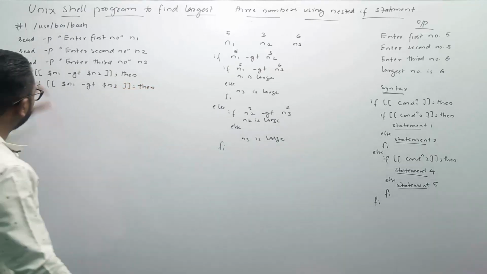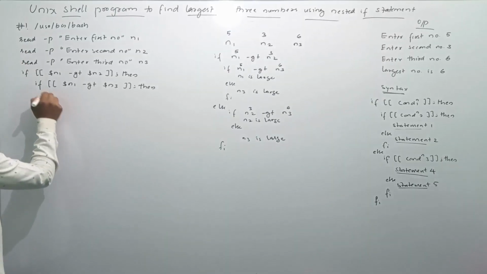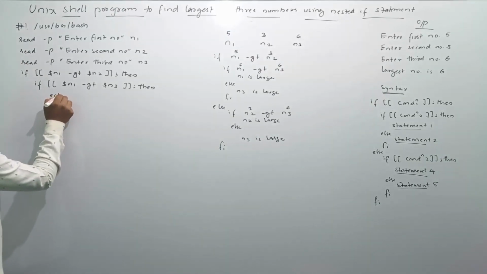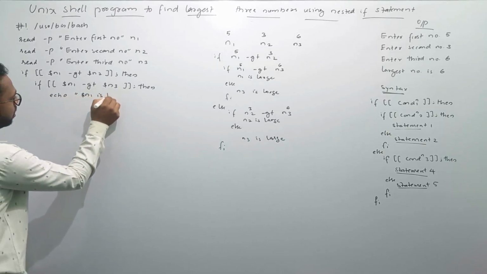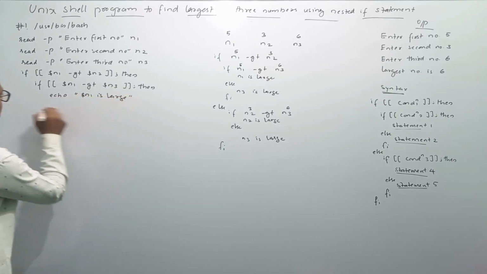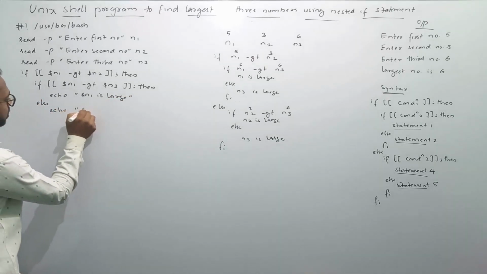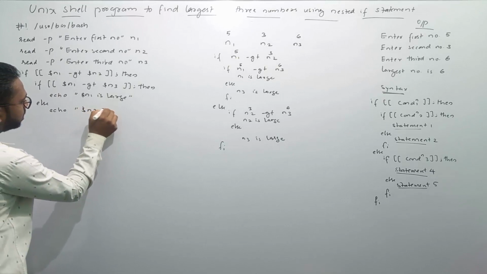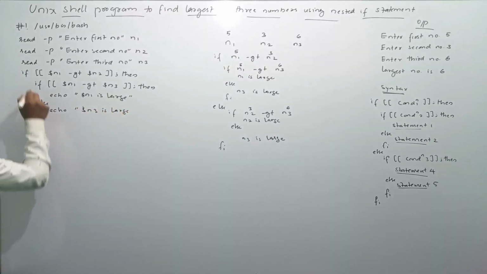Then if both of these conditions become true, I will come inside the second if to print echo "$n1 is large", else echo "$n3 is large". This if gets closed.